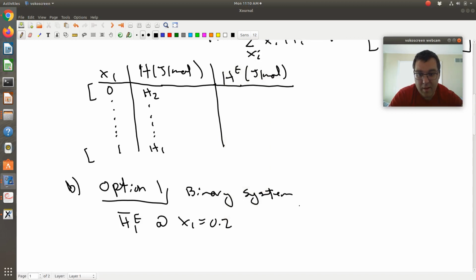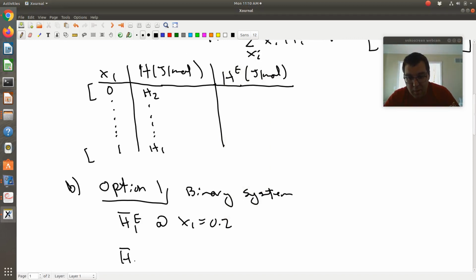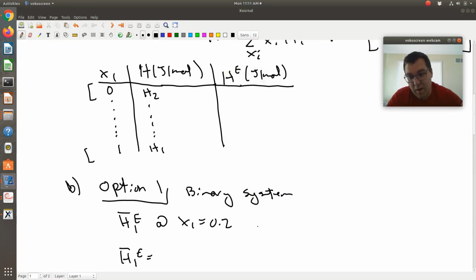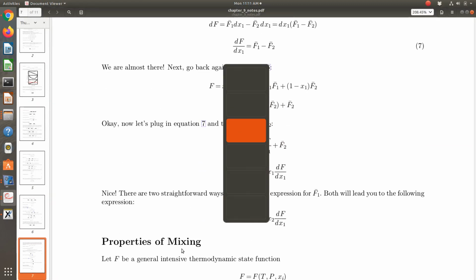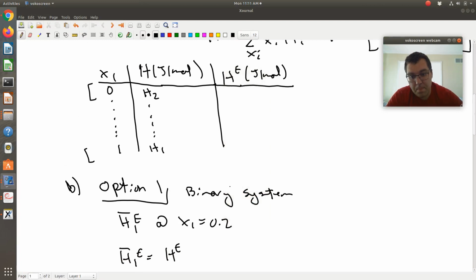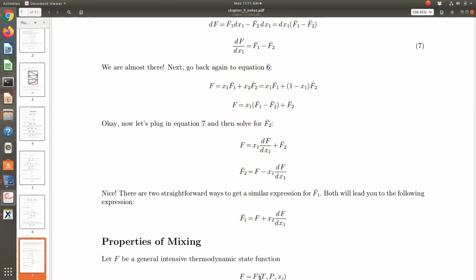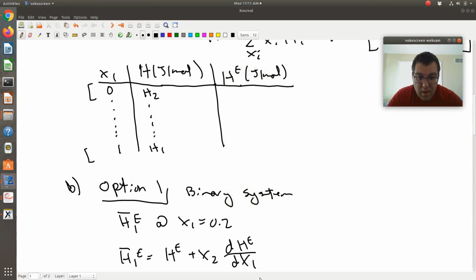If I apply that here, h bar 1E is equal to, essentially, F gets replaced with HE, since F is an arbitrary thermodynamic state function. So this would be HE plus x2 dHE/dx1. Let's see if I completely mess this up. Yeah, so I have it.